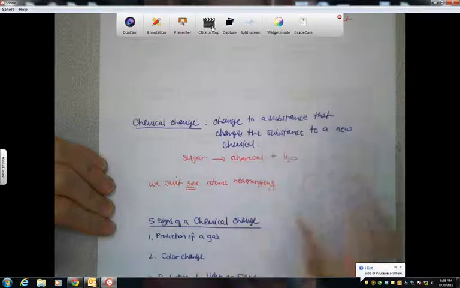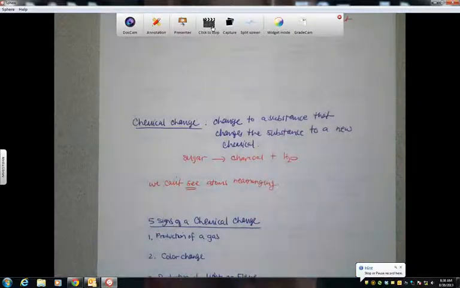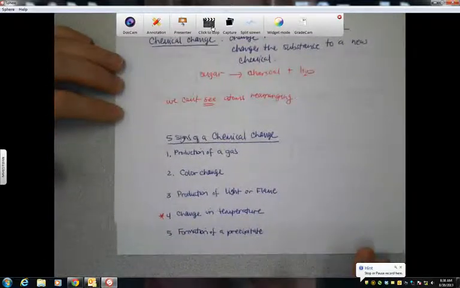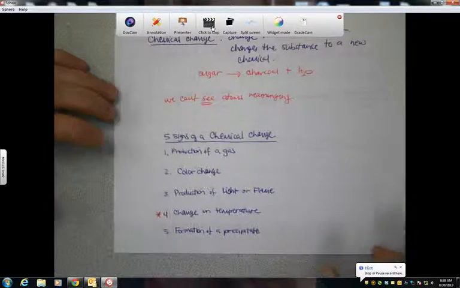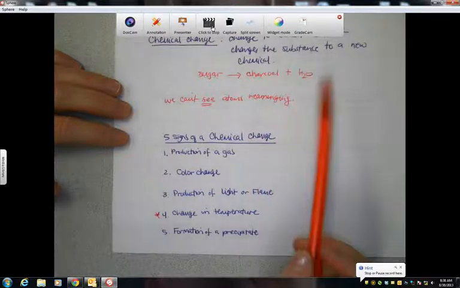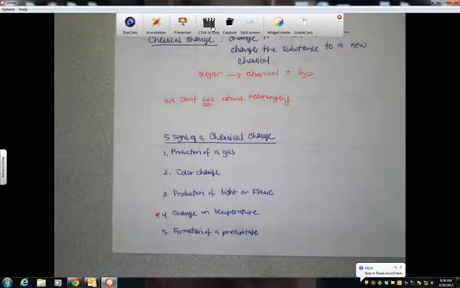So even though I just drew a picture of atoms rearranging, we can't actually see that in real life. We can't see atoms. They're too small. So we're going to look for signs that a chemical change has taken place. So, again, we talk about that sugar turning to charcoal or water, or we talk about burning something. Those are really obvious changes, so we can use those as some examples.